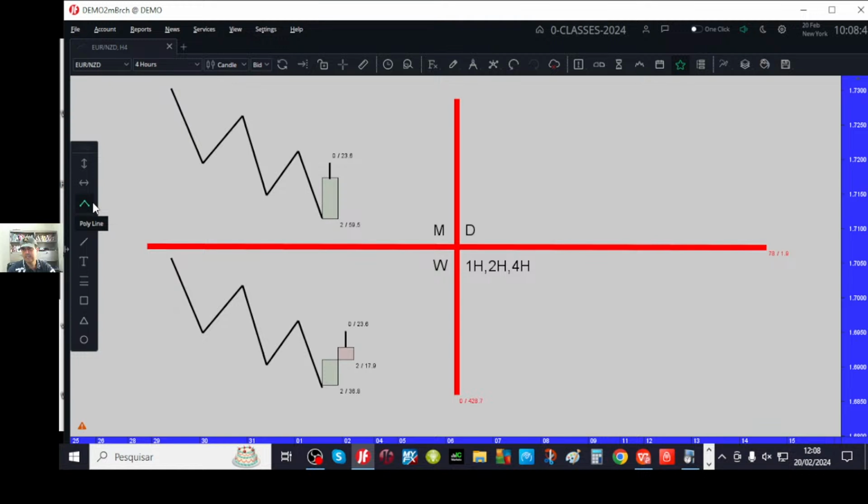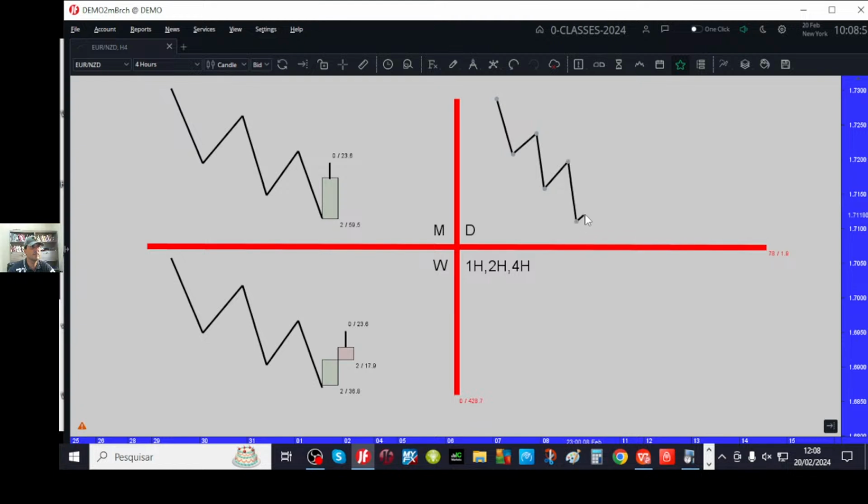On the daily, you have lower low, lower high, lower low, lower high, lower low, but then you have higher high, higher low, higher high, and here you have a bearish candlestick formation, or bearish candle, something like this. And on the 1 hour, 2 hour, 4 hour chart, you're in an uptrend, everybody.